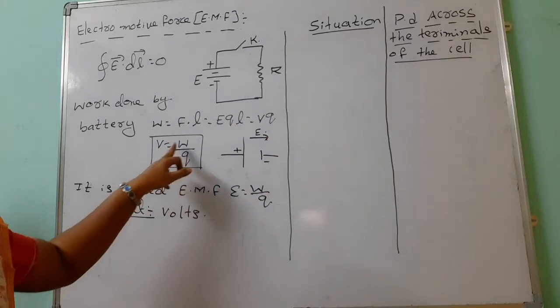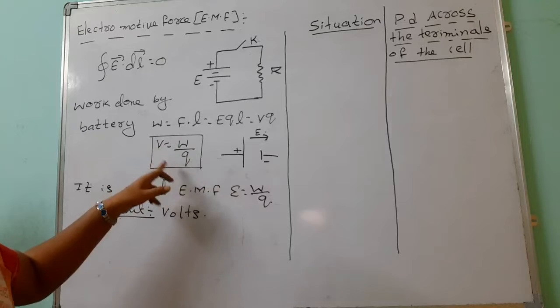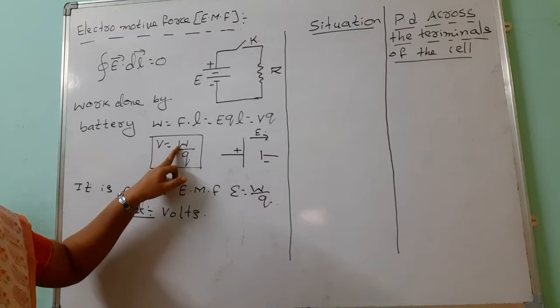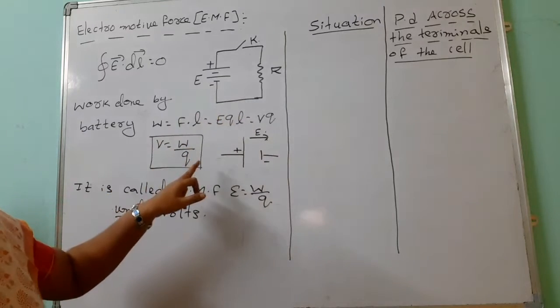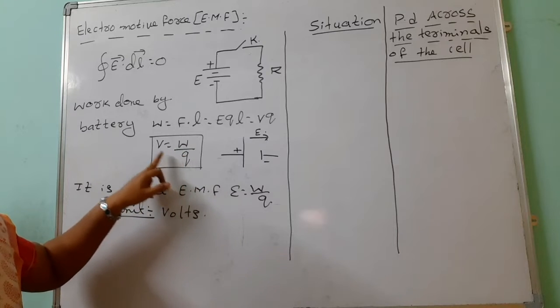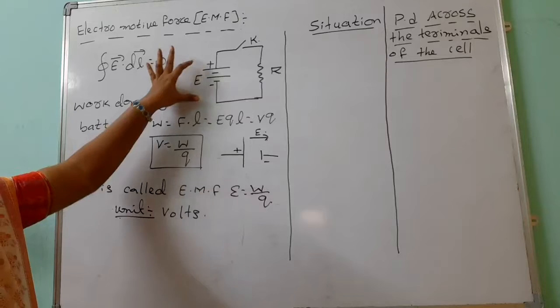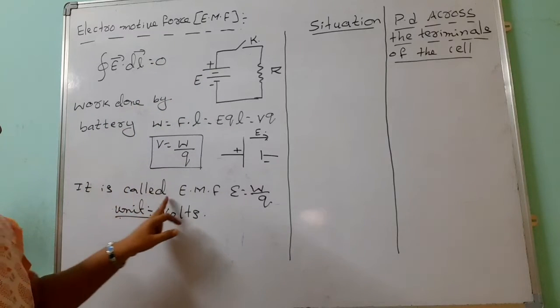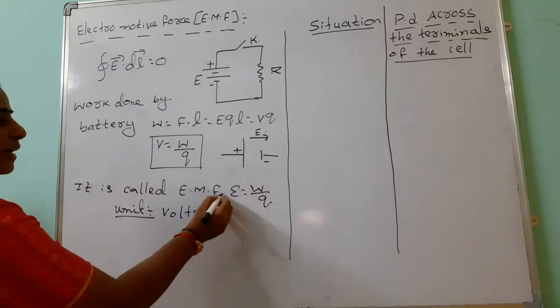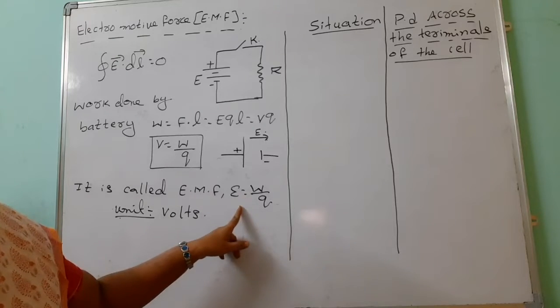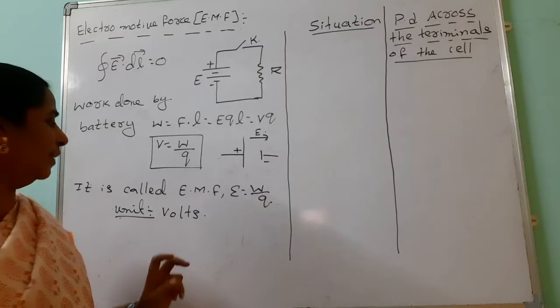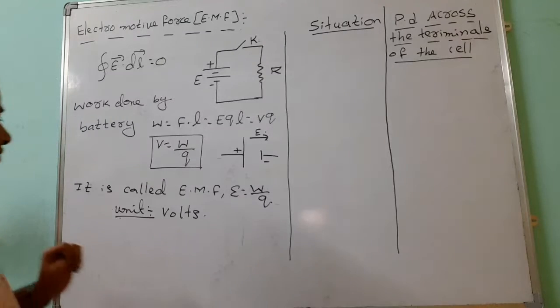Then V equals W by Q, so W equals VQ. The amount of work required to move the charge throughout the circuit is called the electric potential. But here we are discussing the battery, so this potential is called the electromotive force. We represent it by small e or epsilon. Epsilon equals W by Q, and the unit is volts.